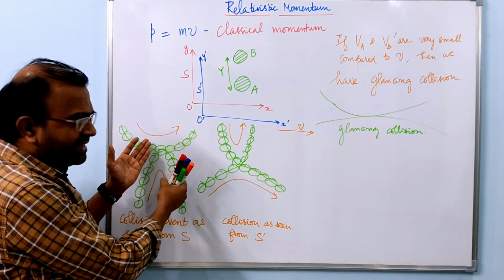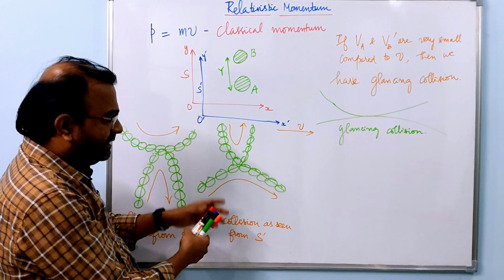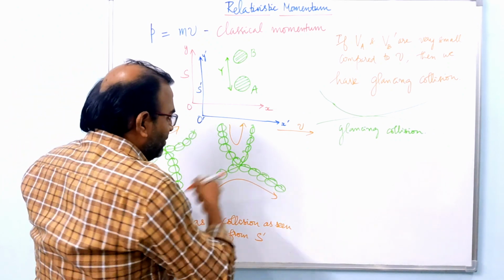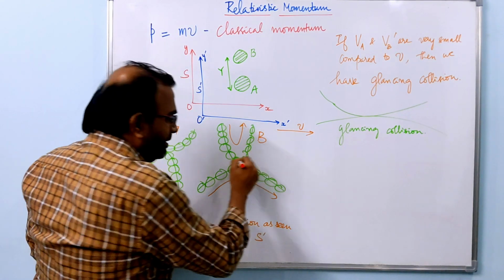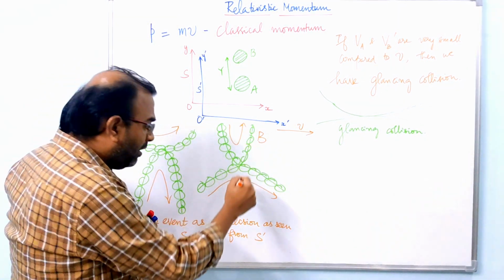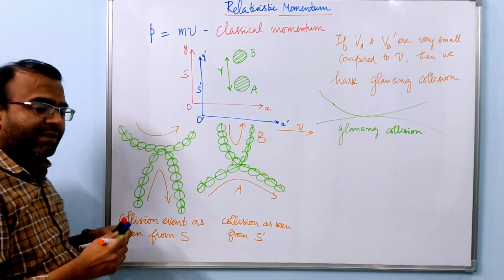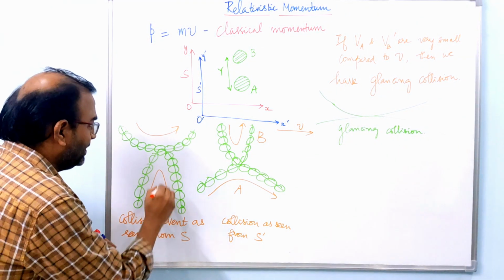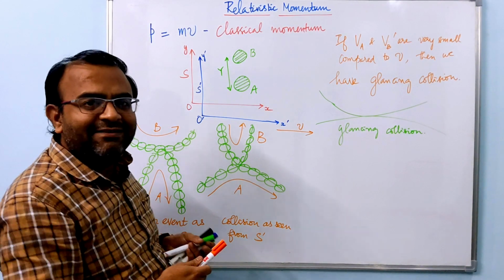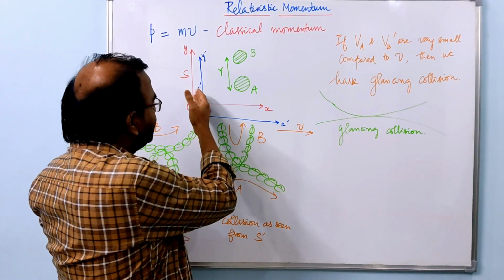Now the case for S prime is reverse. In that frame, B's trajectory is a vertical projection, a narrow parabola, whereas for A it is a broader one. So this is the schematic representation of the collision event as seen from the frames of reference S and S prime.